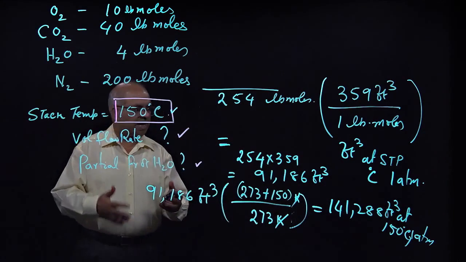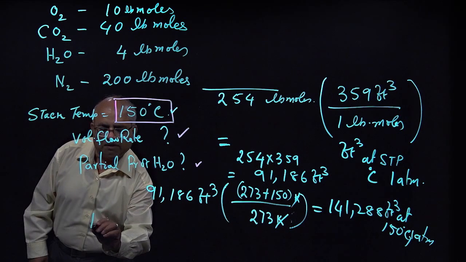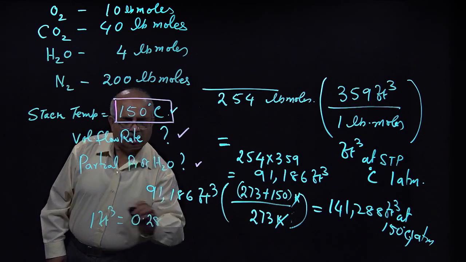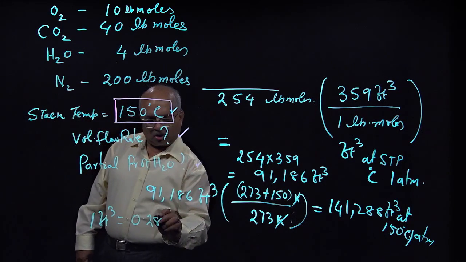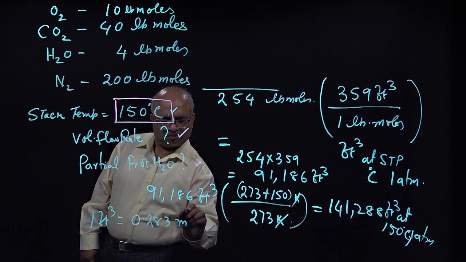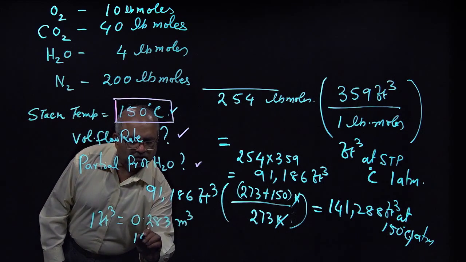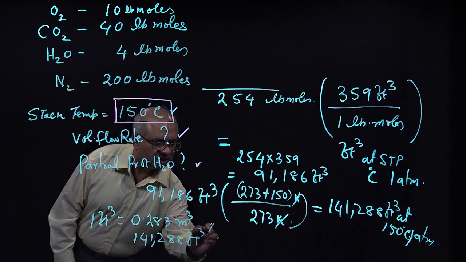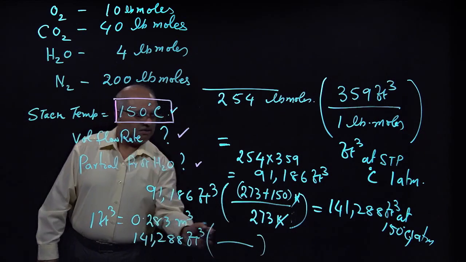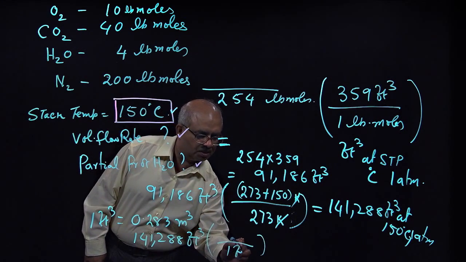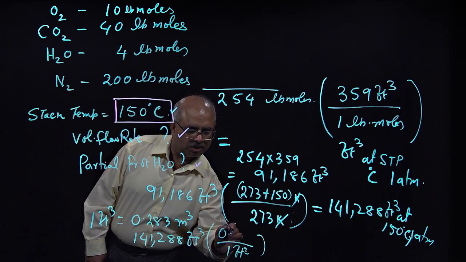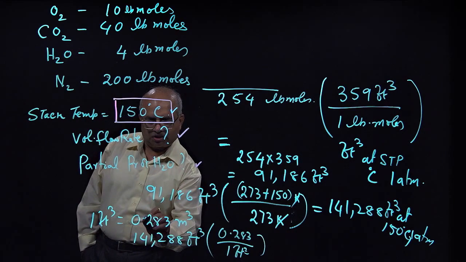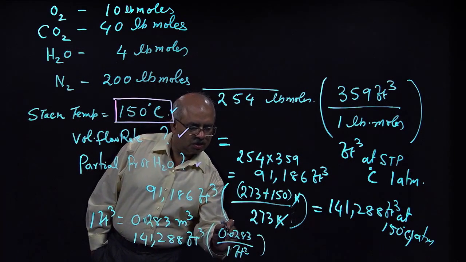I just want to practice a little bit here. 1 cubic foot is approximately 0.0283 cubic meters. So if we have 141,288 cubic feet, and we need cubic feet down below, 1 cubic foot equals 0.0283 cubic meters.